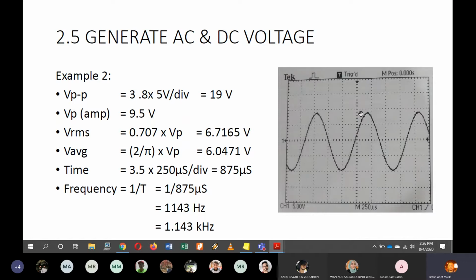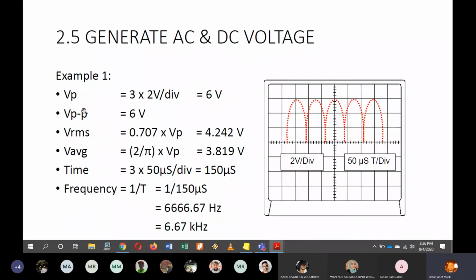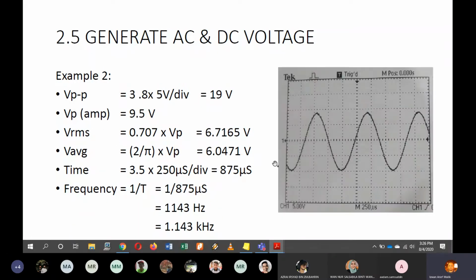Okay, now, why does this waveform calculate the V peak to peak first, then only the V peak, whereas just now we calculated the V peak first, then the V peak to peak? The reason is, if you look at this waveform here, it is not symmetrical in terms of positive and negative value.